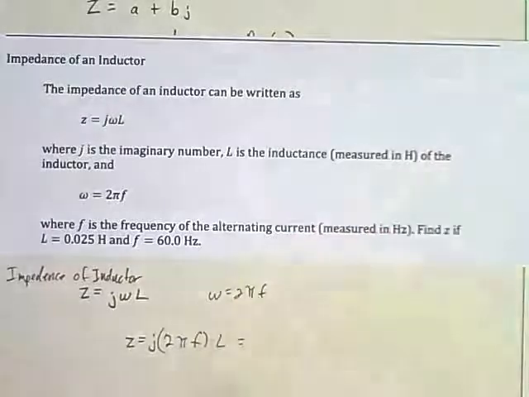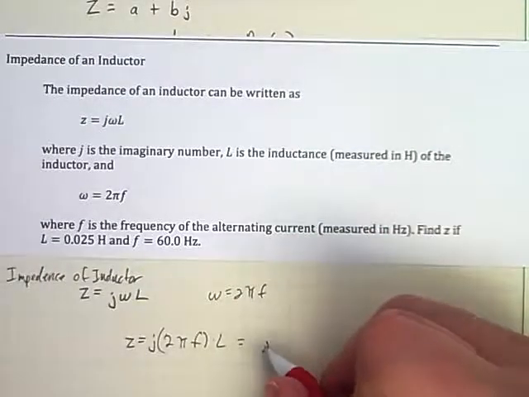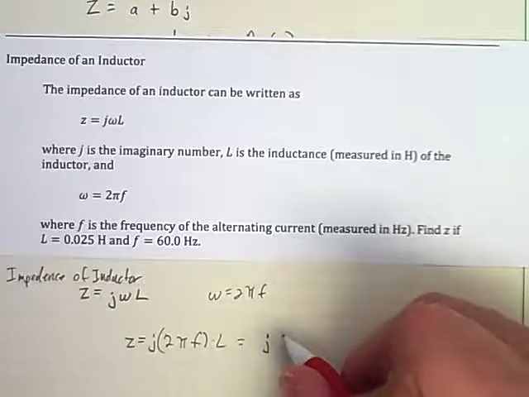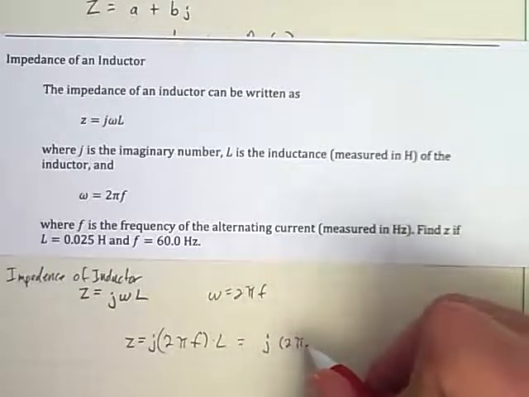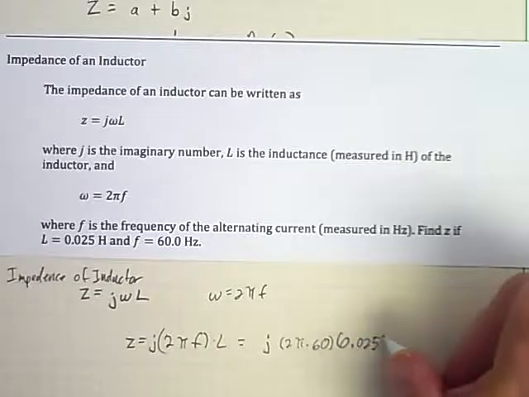For this particular example, I can plug in the numbers, that it is J times 2 pi times 60 times 0.025.